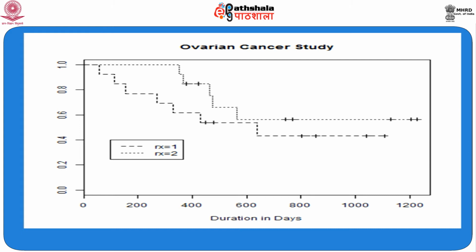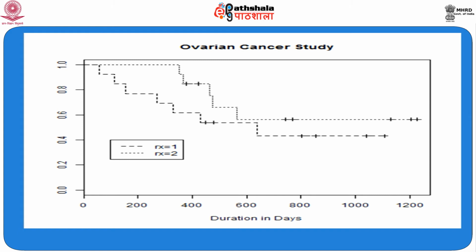In these curves the cross marks show the censored observations. You can see that initially between 400 to 500 days two censored observations were observed in Rx2 and again in Rx1, and at nearly 750 to 800 days two more censored observations were present in Rx2, and after 800 days two censored observations were present in Rx1.